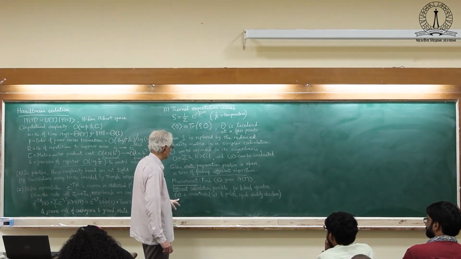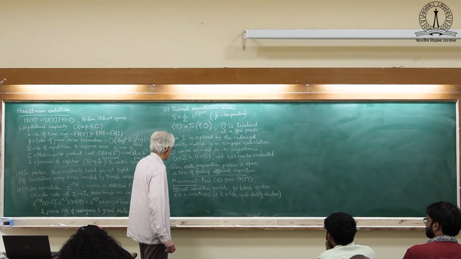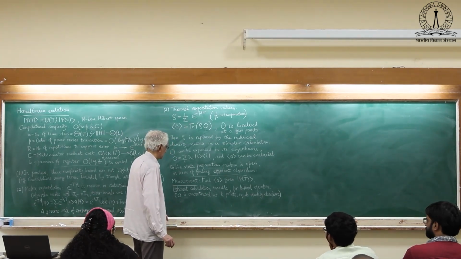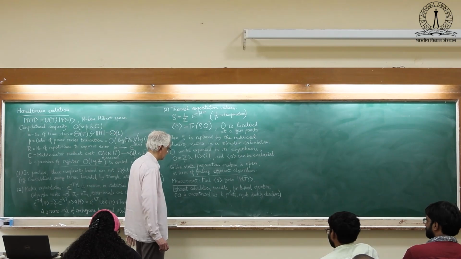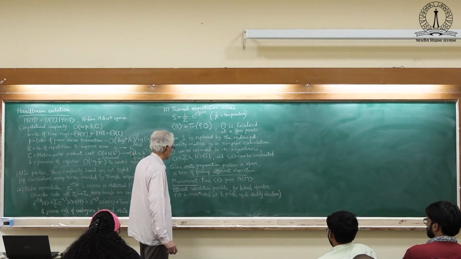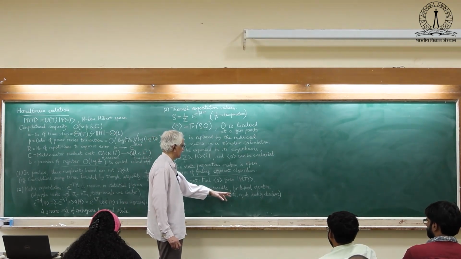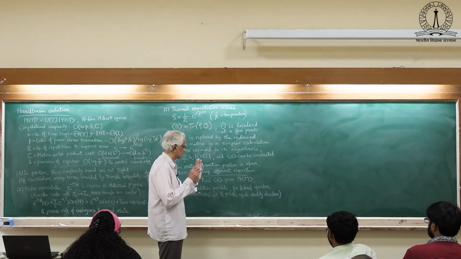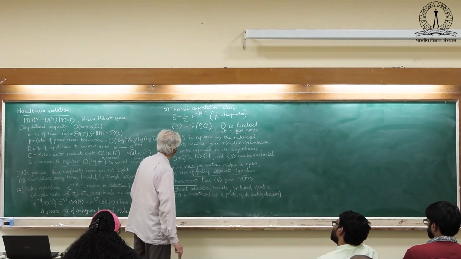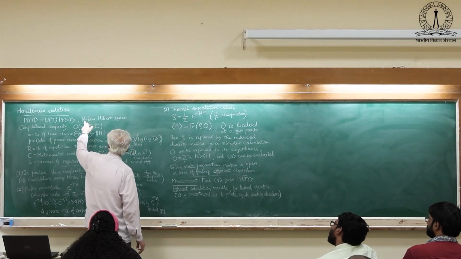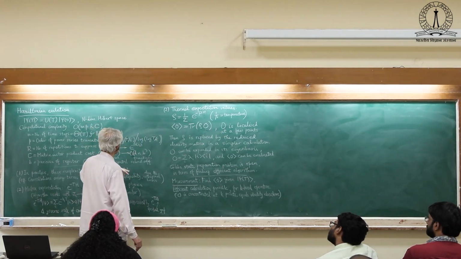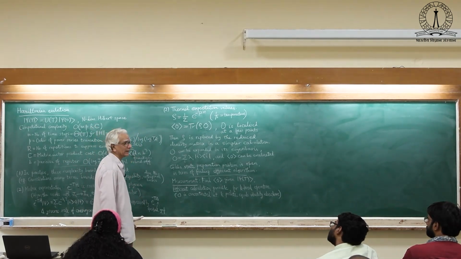For that choice you want to make, I will take the simplest case that the system is decomposed into a bunch of qubits, whatever it is. So whatever this n is, it is 2 raised to the small n.